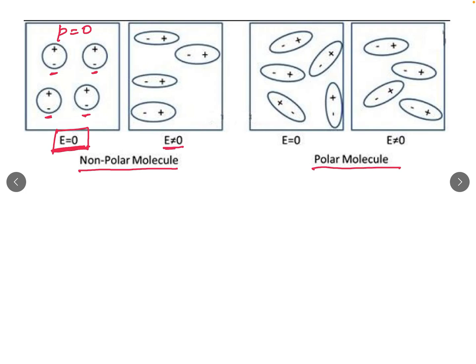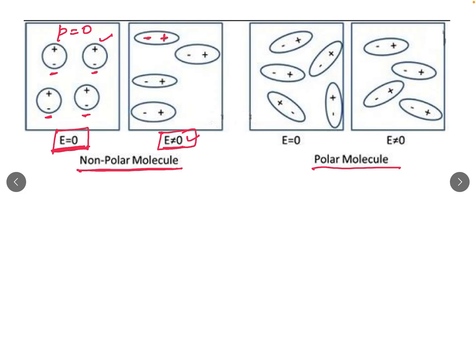And when electric field is applied, the orientation of these molecules will change. There will be a little stretching, so negative charge will shift to one side and positive charge will shift to the other side. This is due to the applied electric field, so dipole moment is produced in non-polar molecules when they are placed inside the electric field.